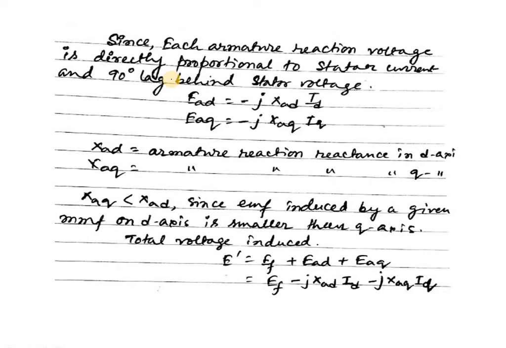Since each armature reaction voltage is directly proportional to stator current and lags 90° behind, it will be EAD equals minus jXAD ID and EAQ equals minus jXAQ IQ, where XAD is the armature reaction reactance in the D axis and XAQ is the armature reaction reactance in the Q axis, where XAQ is less than XAD.